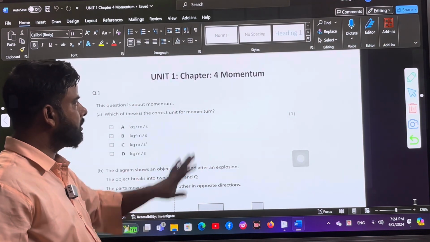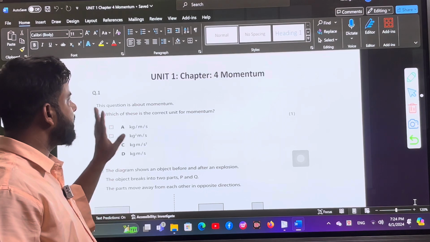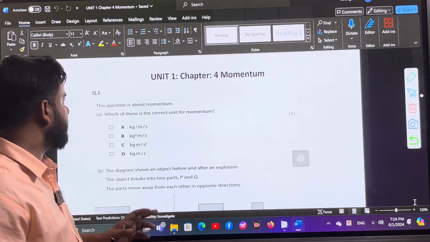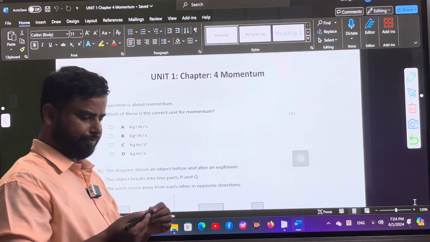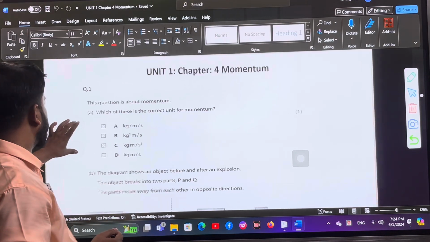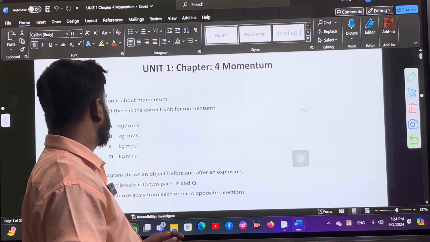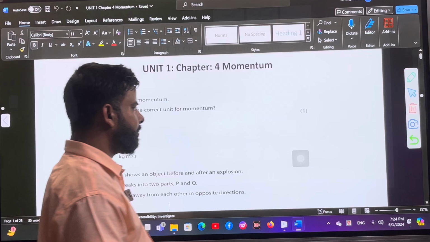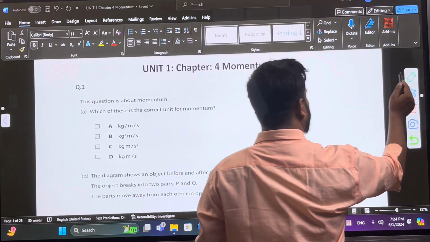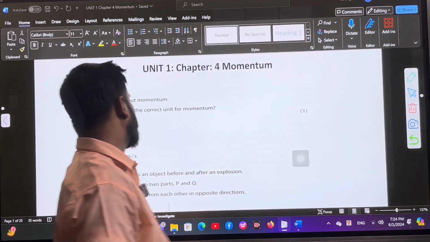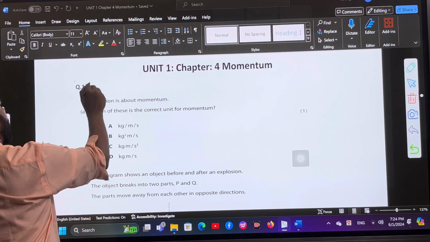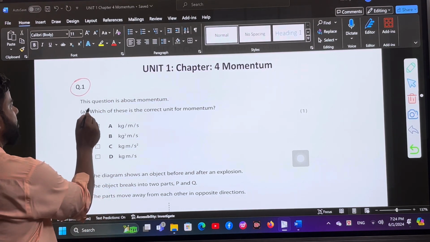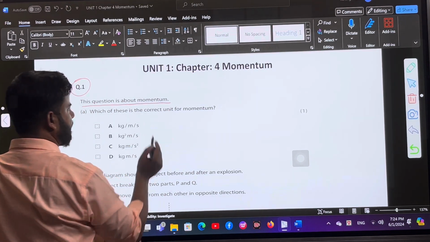Unit 1 IGCSE O Level Physics, Chapter 4 Momentum. In this chapter, first we have to learn what momentum is, what the formula for momentum is, and what the unit of momentum is.